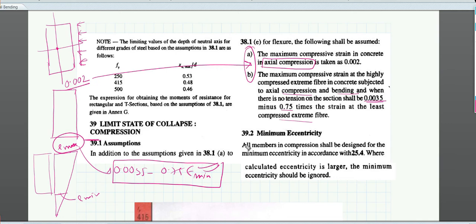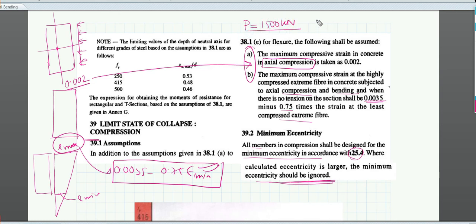Then minimum eccentricity, this also we have already taken. All the members in compression shall be designed for the minimum eccentricity in accordance with 25.4, where calculated eccentricity is large, the minimum eccentricity should be ignored. That means suppose everywhere you will be taking care of the minimum eccentricity, but in this question I have only given you the axial force, which is 1500 kilonewton.